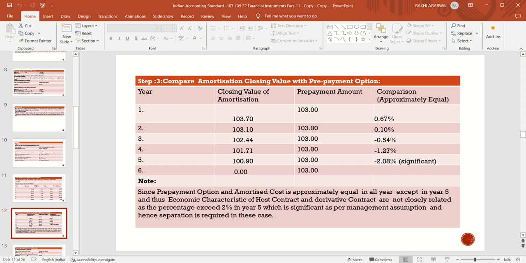So in this case separation is required because the percentage exceeds 2% in year 5.